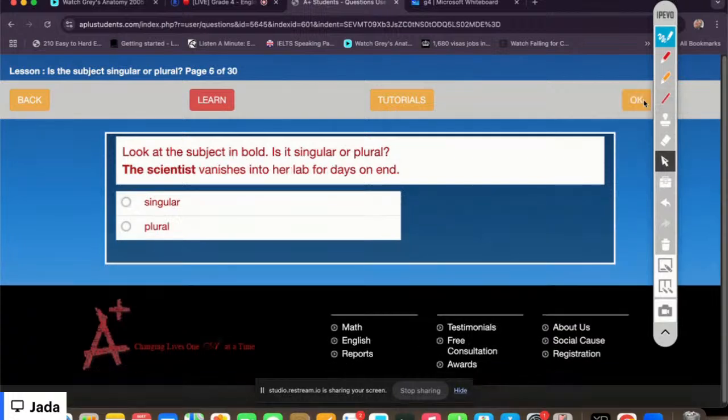Okay. So the scientist vanishes into her lab for days on end.